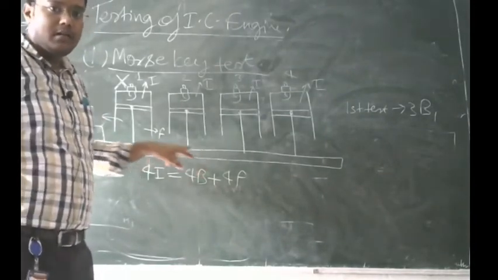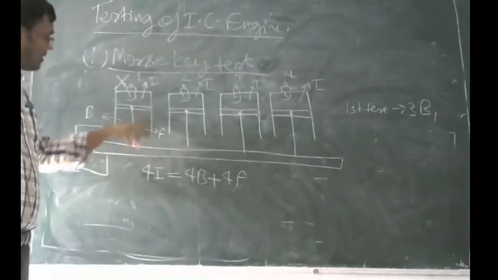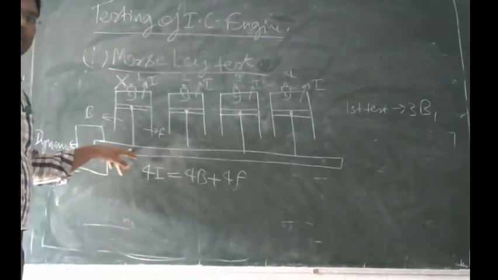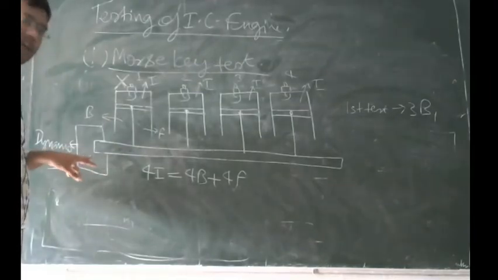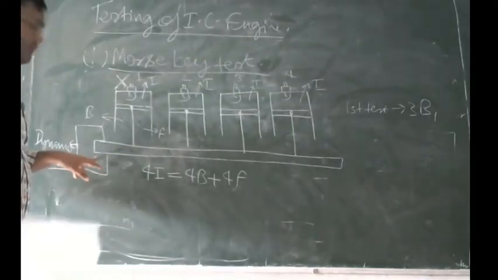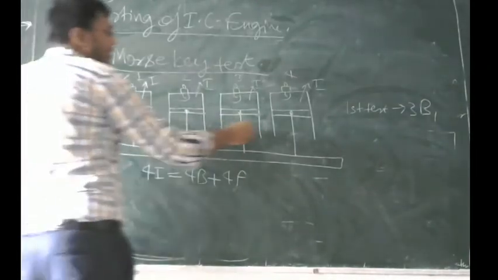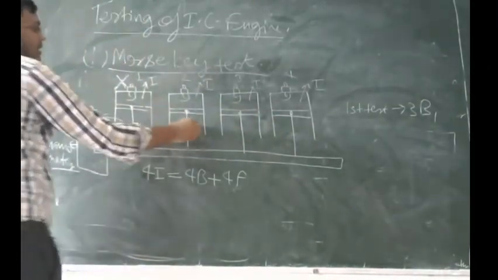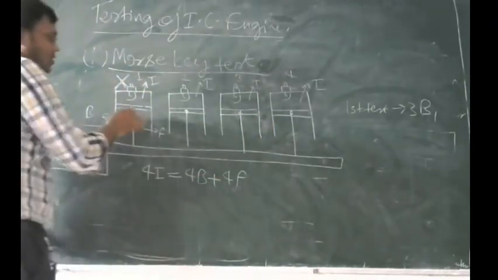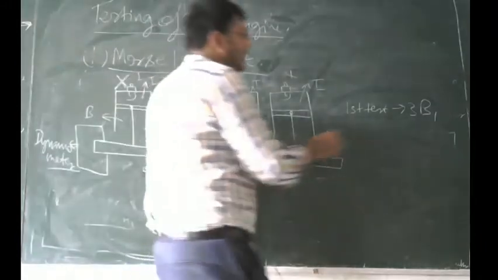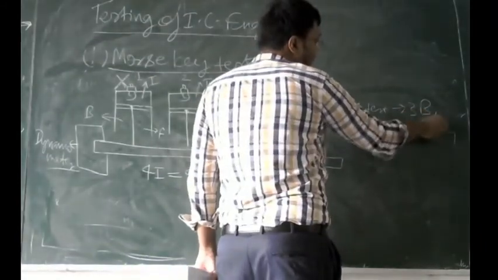You know, indicated power we get on the piston, but the brake power we get on the crankshaft. So we are measuring the power of the crankshaft by the dynamometer, and we will get the reading of only brake power. So the dynamometer shows power from three cylinders only. One cylinder stops working, so let us assume the first reading is 3B1, the three cylinders' brake power in the first stage.